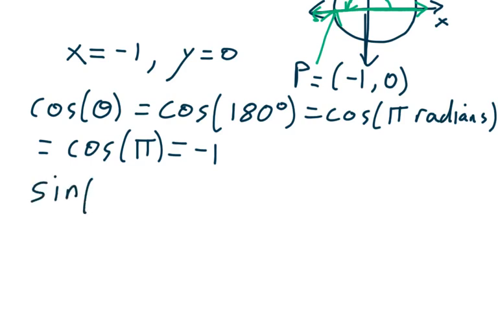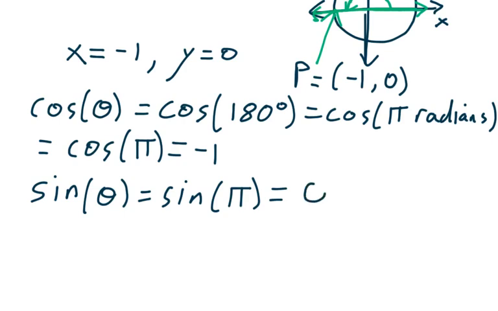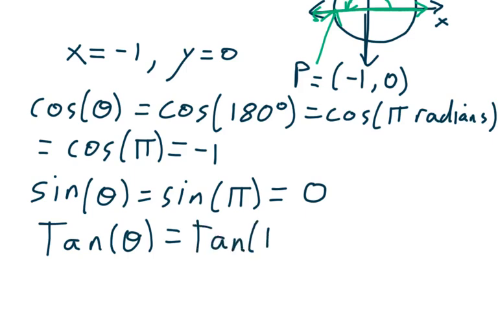Sine of our angle theta, that's sine of pi. I could write out all this for sine of 180 degrees, sine of pi radians, but for time consideration, I'm not going to. So we get our y, which is 0. Tangent of theta, which is tangent of pi, is y over x, that's 0 over -1, which is 0.